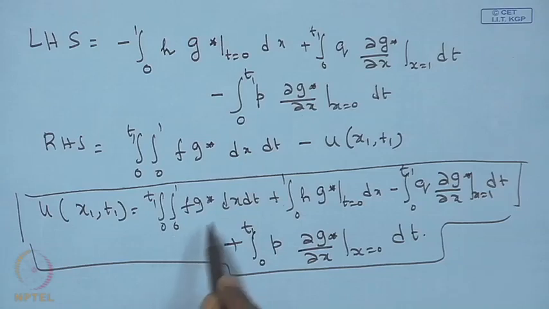Since it is valid throughout the whole control volume, we have a double integral over f and g* in the whole control volume. So, since there is 1 non-homogeneity in the main equation and 3 non-homogeneities in the initial and boundary conditions, there are 4 terms appearing on the right hand side.